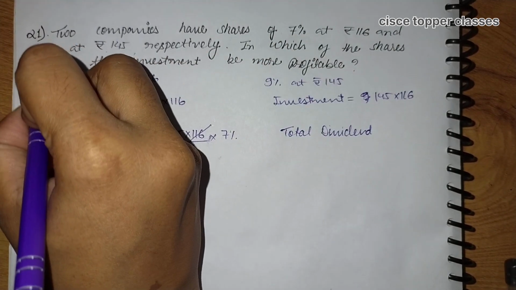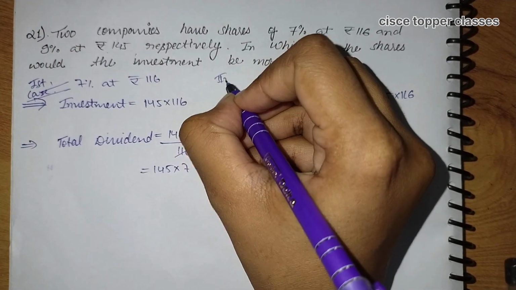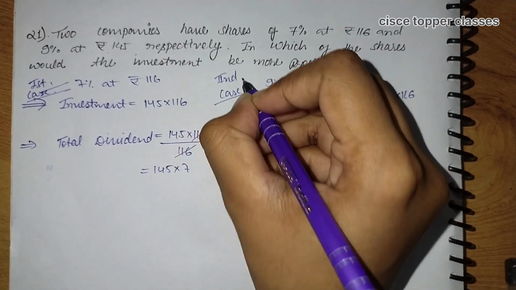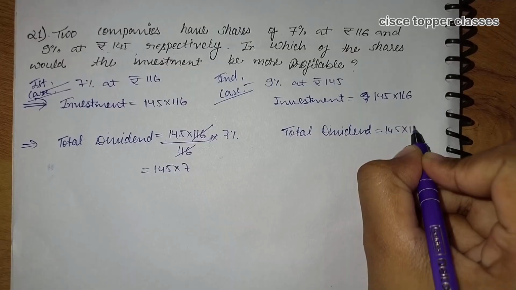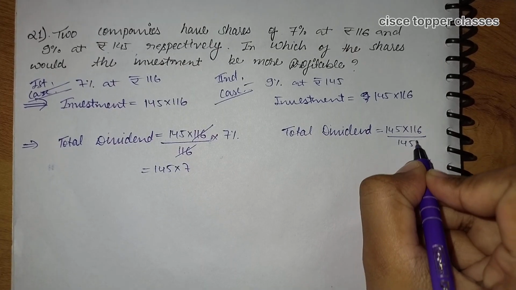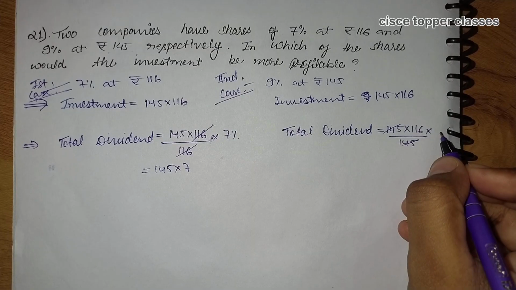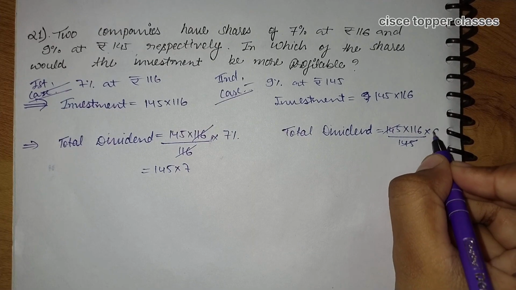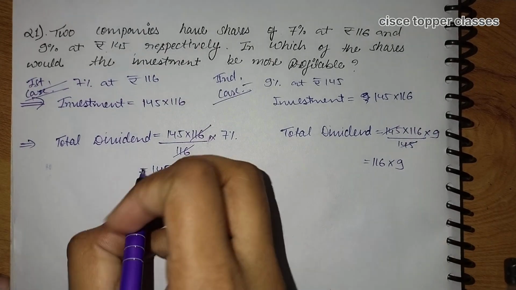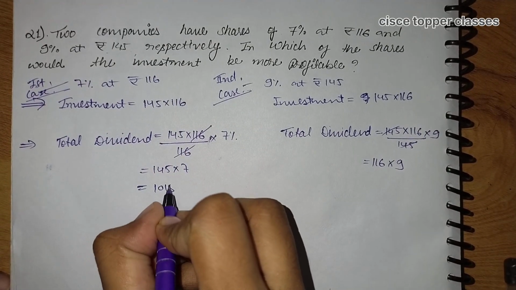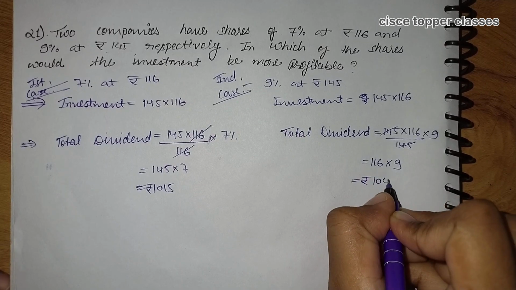This is the first case here and this is the second case. Where we will write total dividend will be 145 into 116 divided by 145, here 145 we are taking as the one value, and this is 9. This will be 116 into 9. So on calculating, we got here 1015 rupees, and here this will be equal to rupees 1044.